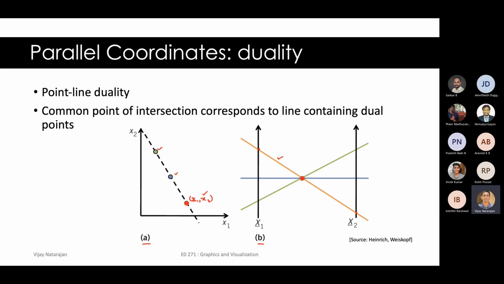So the patterns that you see in the scatter plot will have corresponding patterns in the parallel coordinates view. Once you're able to recognize them, it becomes easy. One benefit of parallel coordinates is that you can extend to as many axes as you want, because there's a lot of space on the plane to draw parallel axes.